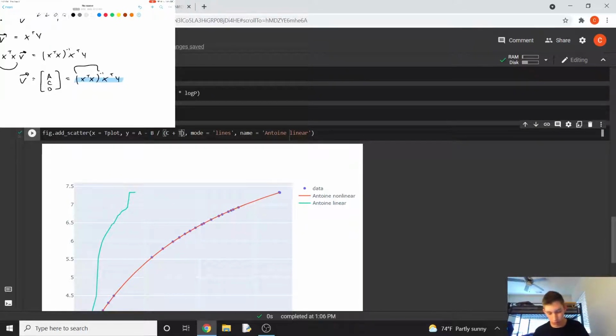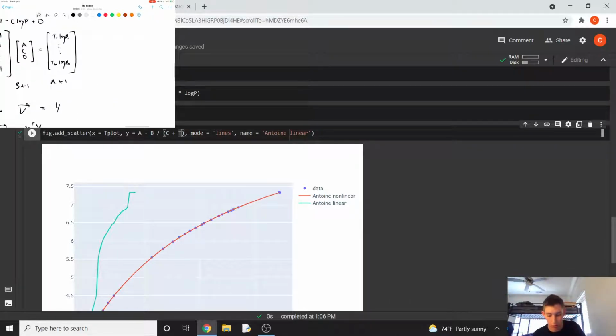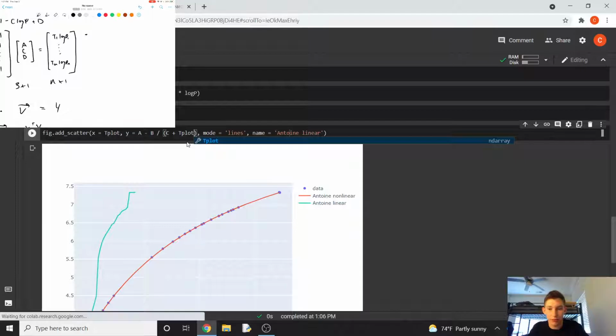So we have our X transpose times the design matrix, the inverse of this, times the X transpose times Y, which is our T times log P. Oh, it's because we have to use T plot.